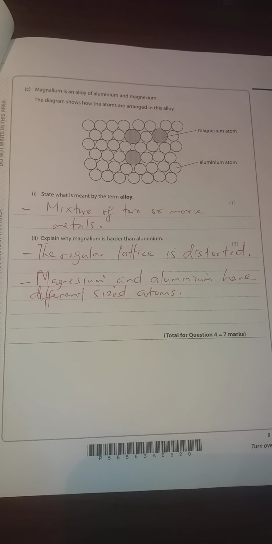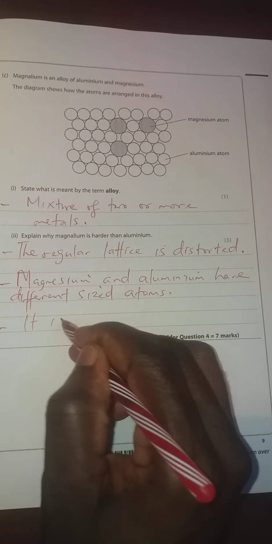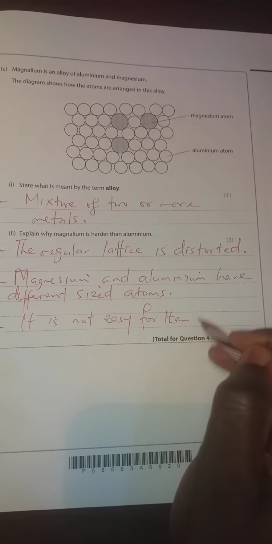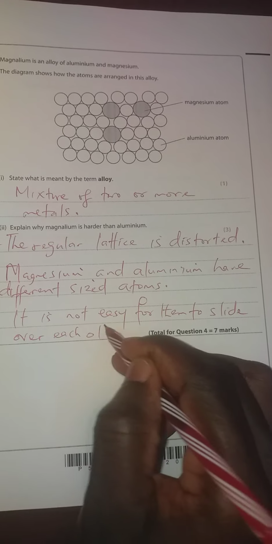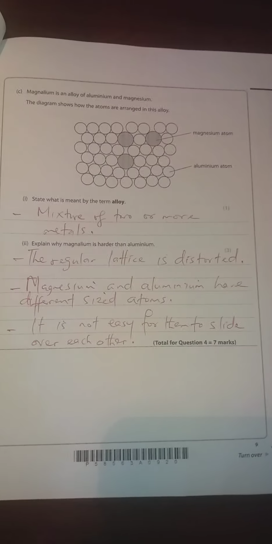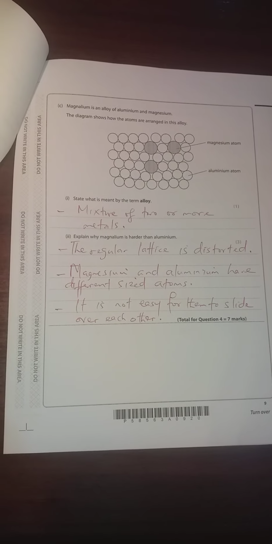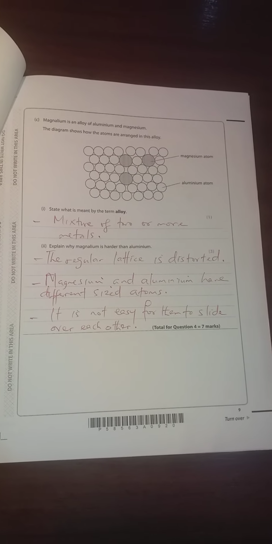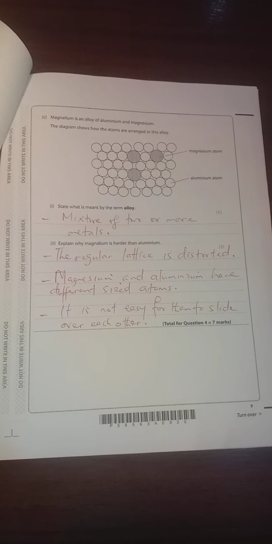Since they have different sized atoms, it is not easy for them to slide over each other. Metals can be beaten into shape and pulled into wire because of the regular arrangement of the particles. But here we have magnesium and aluminium, which have different sized particles. So they cannot slide over each other.